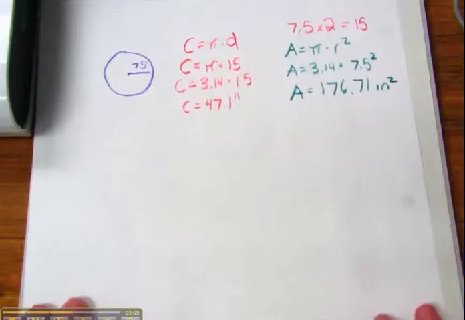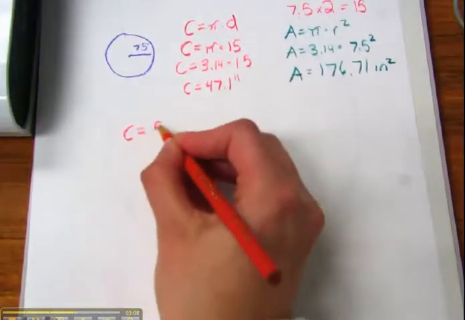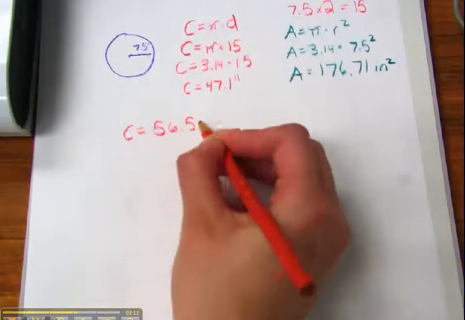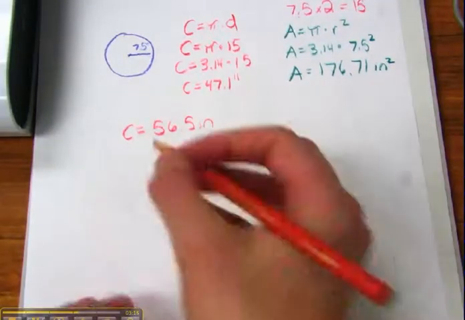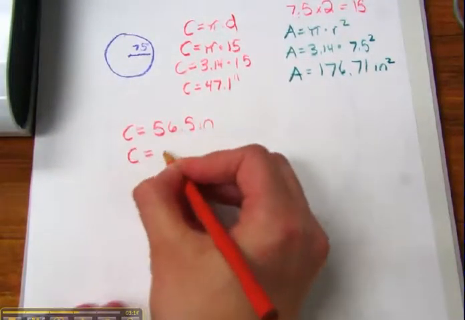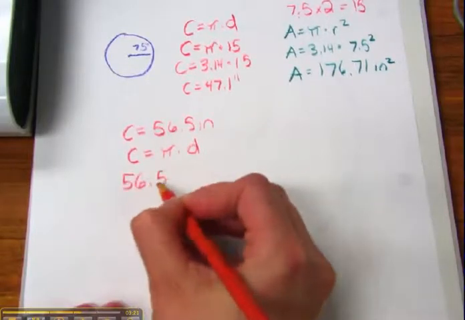Let's try working backwards. Let's say we're given the circumference of a circle. So in this case, let's say they give us the circumference is 56.5 inches, and they want us to find the diameter. All right, well, I know my formula for circumference is pi times diameter. I'm given the circumference, which is 56.5.